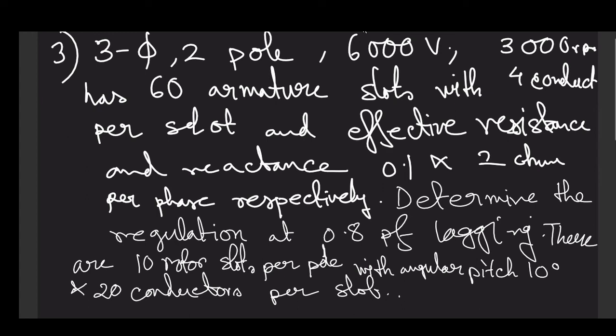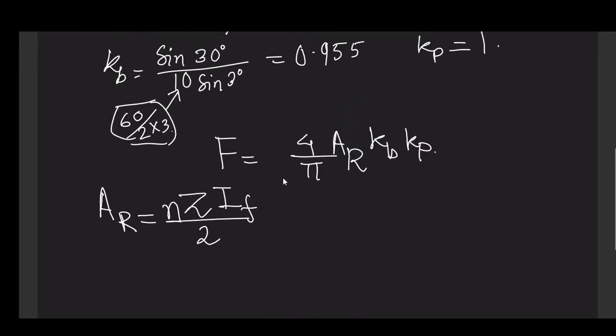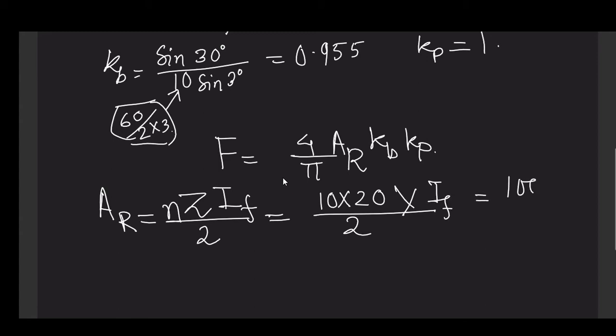So now 10 rotor slots, 10 degrees, 20. Here it is 10 into 20 by 2 into the value of IF. We do not know it, so let it be 100 IF.